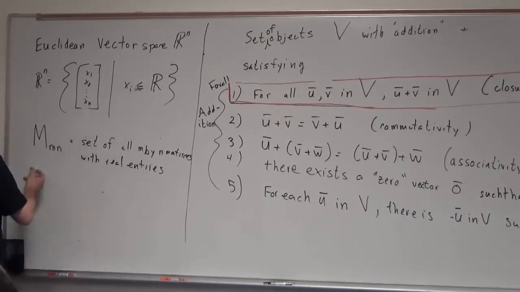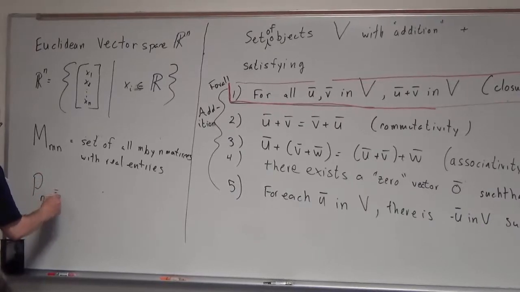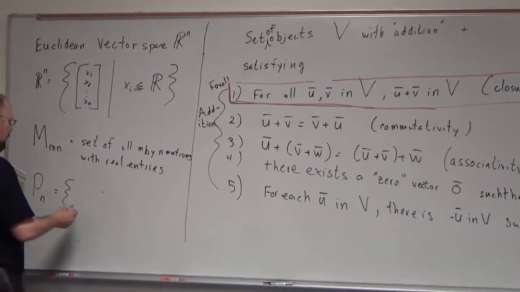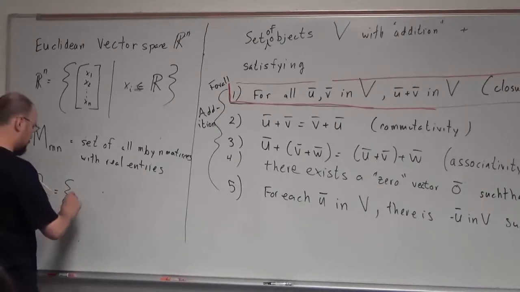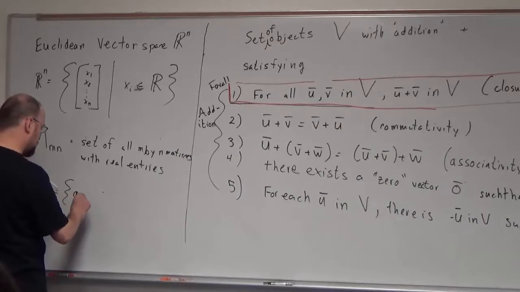So we have another example, Pn. This would be the set of all polynomials of degree n or less. So it's getting less trivial, right? More interesting here.